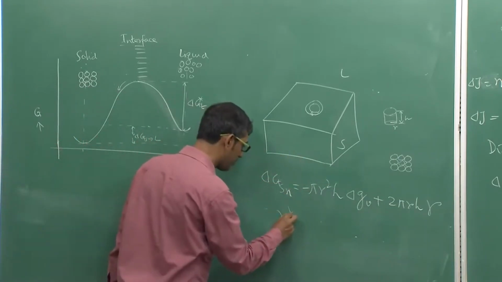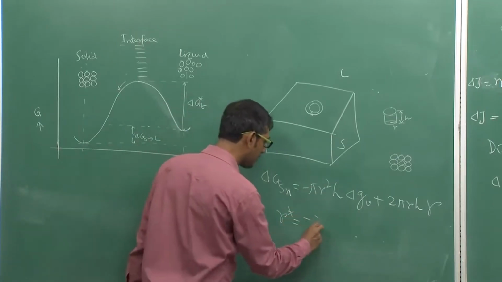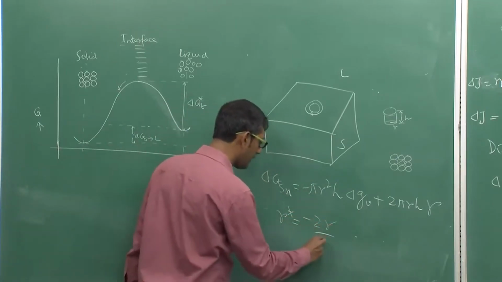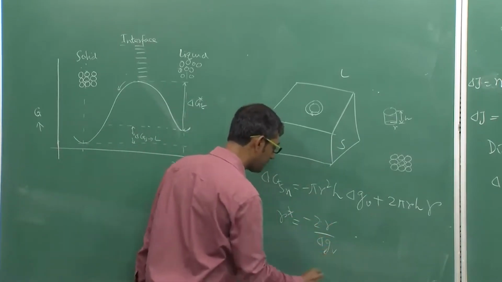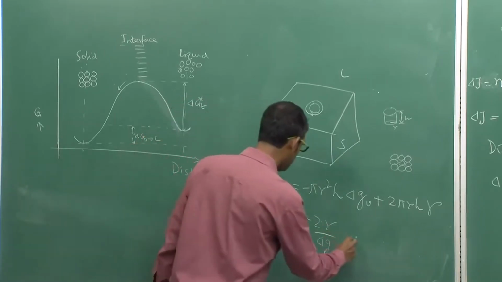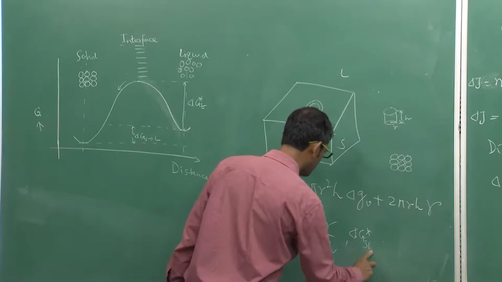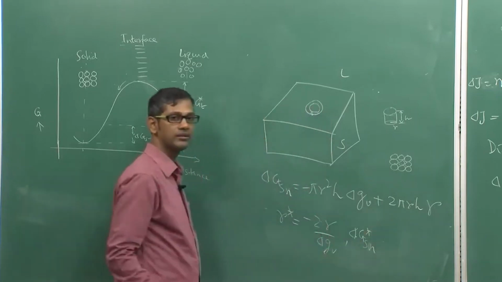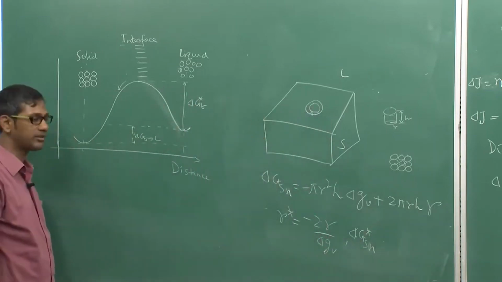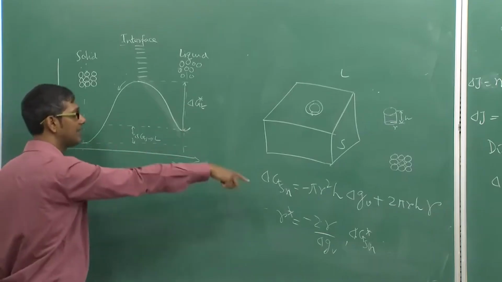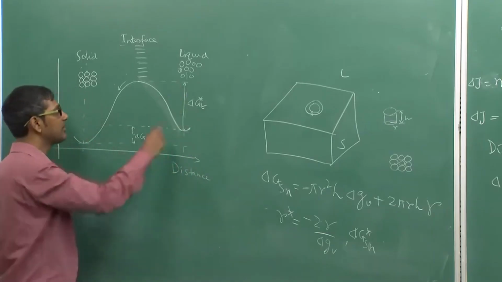You can actually find out the critical size, r star equals 2 gamma by delta G V, and delta G star, you are creating a new delta G star, that is surface nucleation. That's the important aspect for us. That is what we want to know, because we have to add this part with this, because this is already present.